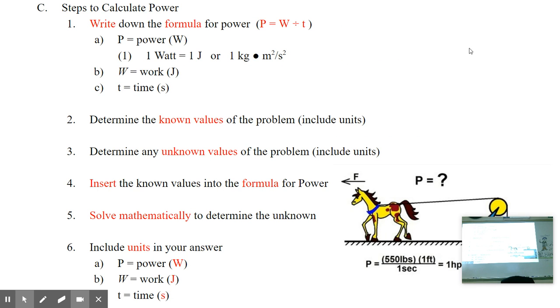All right. So again, steps to calculate power. Write down the formula: P equals capital W divided by T. Determine the known value or values. Determine any unknown values.